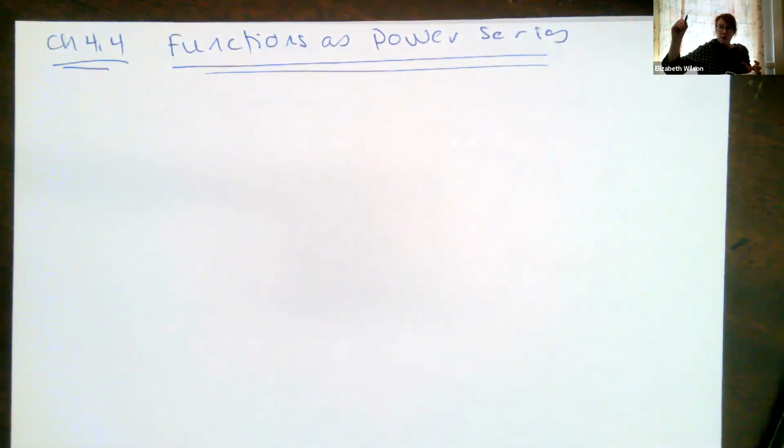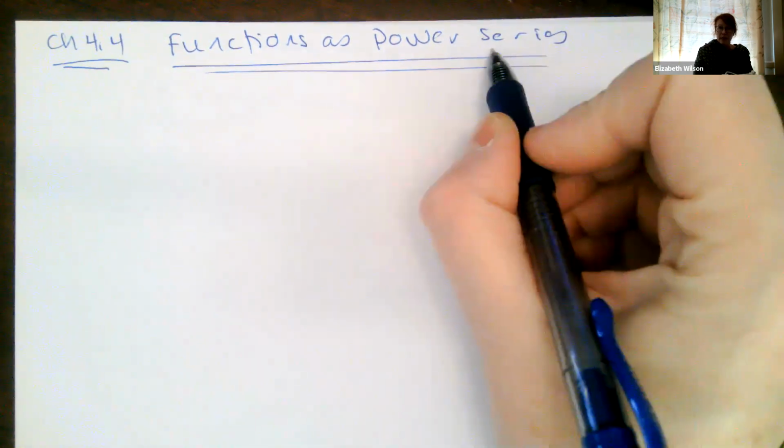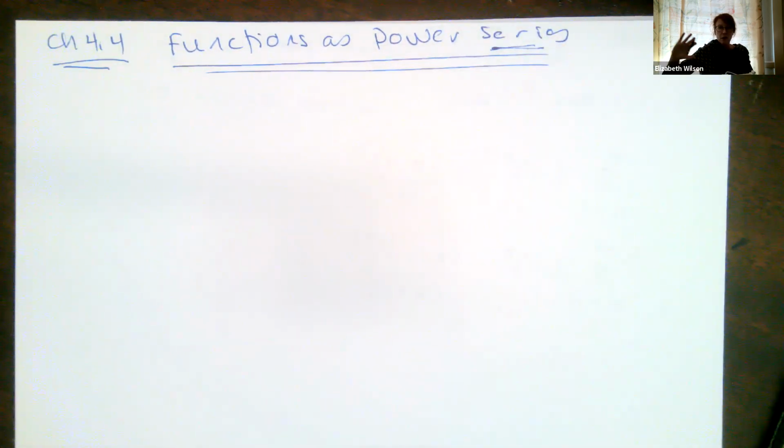It means it's got a power, a polynomial, a variable raised to a power, and a series, because it's typically an infinite series. We have an infinite number of terms there. So before, we've been representing or approximating functions with power series. That was our Taylor and Maclaurin power series in particular. And now we're going to say that there are certain functions that are actually equal to their Maclaurin series.